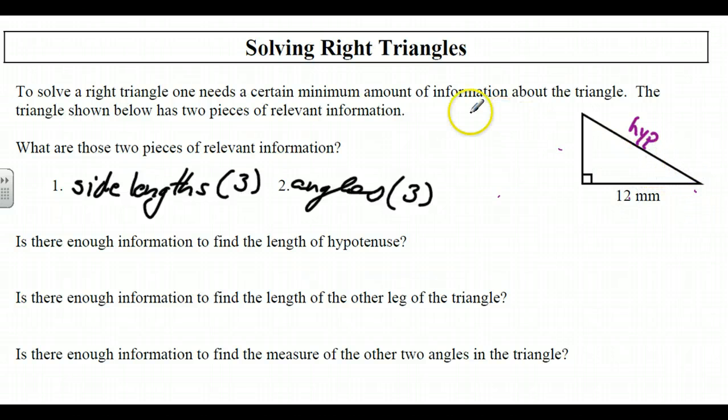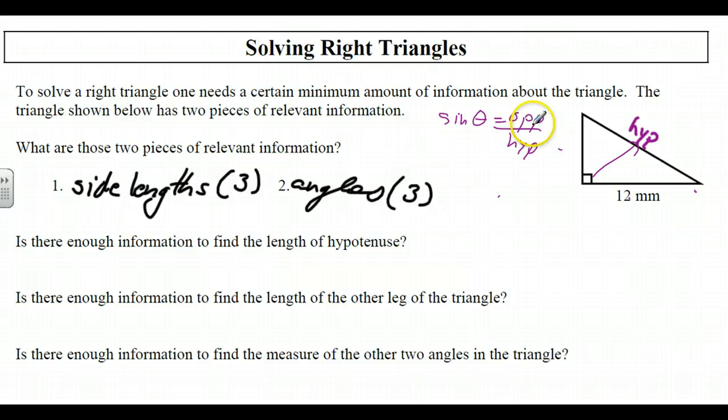But if we think about SOHCAHTOA, any of these ratios involve three quantities: one angle, two sides. The information we have here, we have one angle, which really isn't of any use to us, only for finding the hypotenuse, and we have one side.